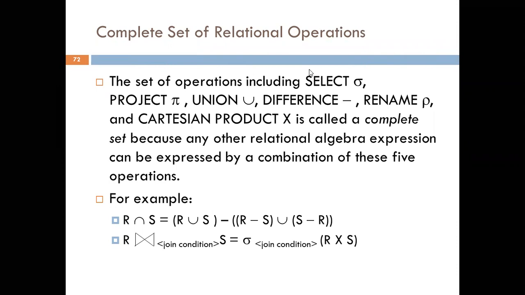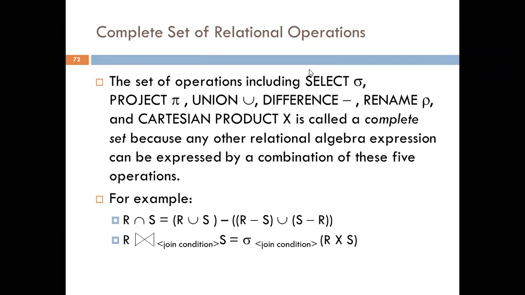Sometimes, if you don't specify the rho symbol, automatic renaming will happen. Cartesian product is represented by X. These are called the complete set of relational operations, and all other operations can be specified as a combination of these.